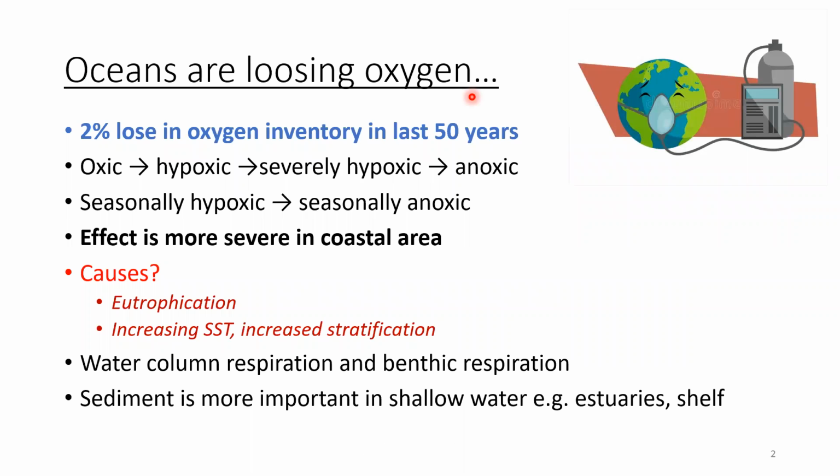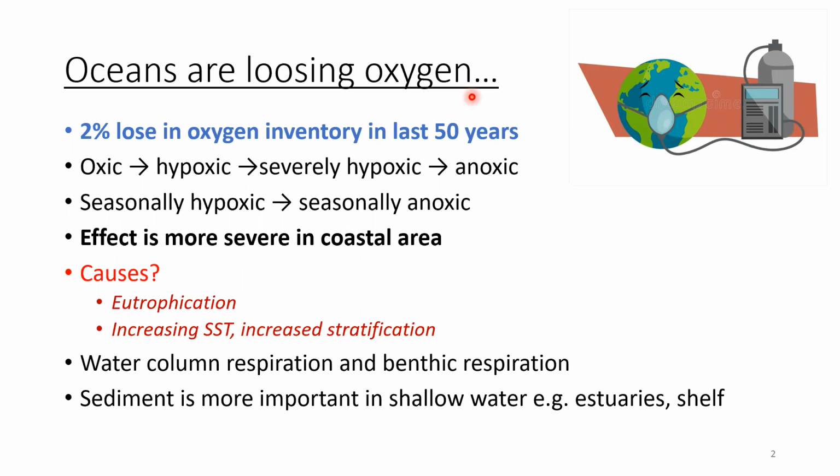Why do we need to understand and study this? Because the oxygen inventory of the global ocean has decreased 2% in the last 50 years. That means some of the oxic regions will go hypoxic to anoxic. These effects are more severe in coastal regions.